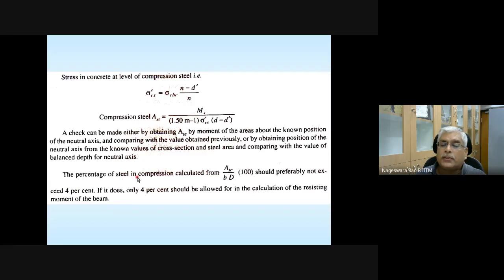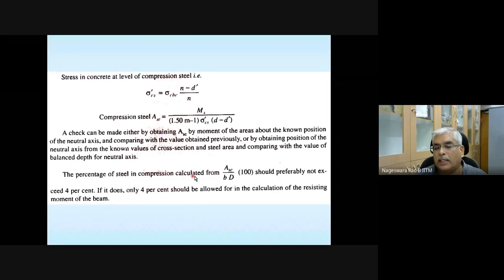The percentage of steel in compression, calculated as ASC divided by BD times 100, and please note that here D is the overall depth, should preferably not exceed 4%. And if it exceeds 4%, then for calculation purposes, you take it as 4%.